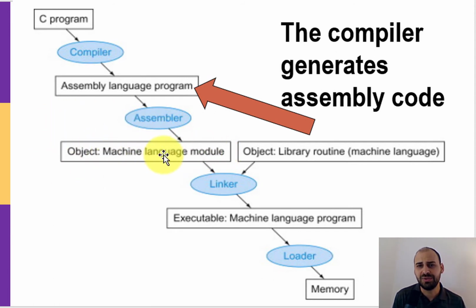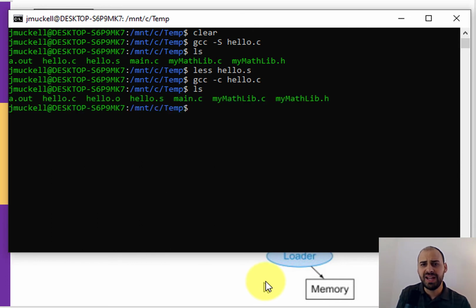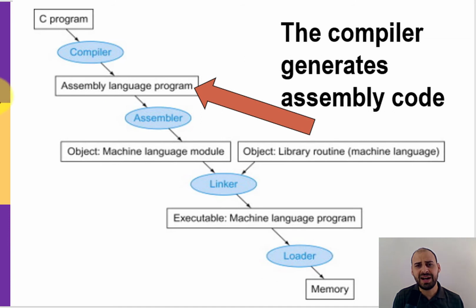I can do that using the -c compiler flag. When I do that, it created this object file. Notice the .o. I ran it, and with that compiler flag, it came from the C program down and stopped right here, creating this object file.